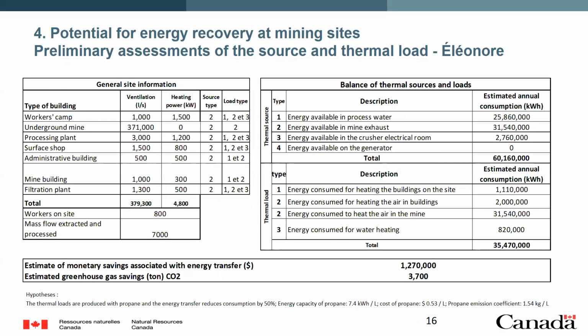If you look on the table on the left side, basically it shows the type of buildings and the ventilation requirements, where of course the biggest one is the underground mine, then the heating power, and also what type of source and load each one of these items was. And in order to show that even if you have one source, you can have multiple loads where that heat could be applied to. On the left side, we generated a year balance for the thermal sources and loads.